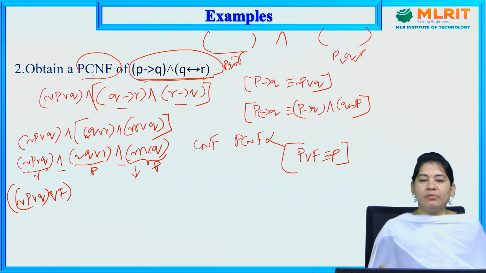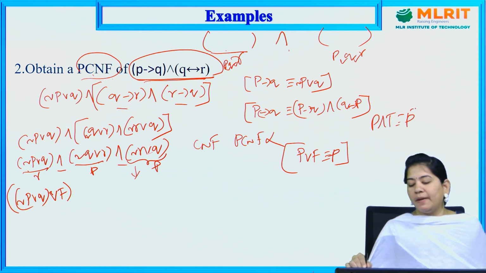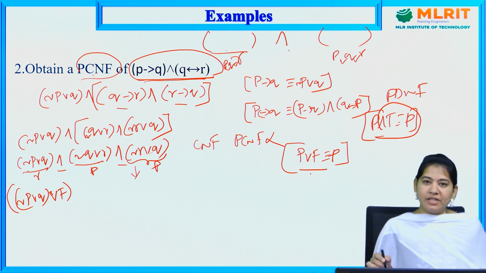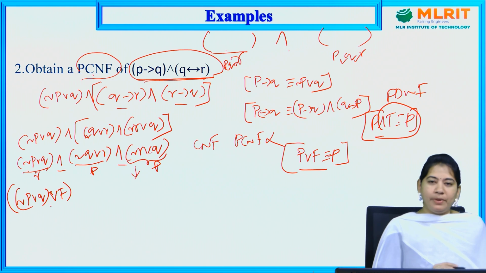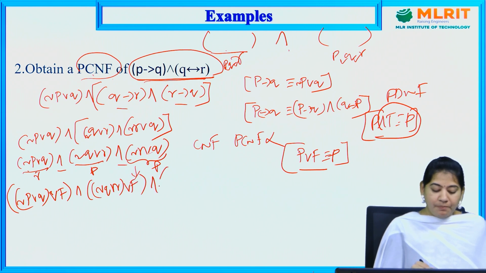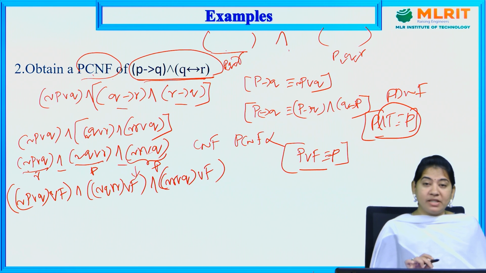Just like in the PDNF problems, if you have one variable and the other variable is missing, we write P and true is equivalent to P. In the same way here for PCNF, P or F is P, so instead of P I am writing P or F. And negation Q or F, and negation R or Q or F. So for each and every term I am considering P or F, P or F, P or F, as P or F is P.